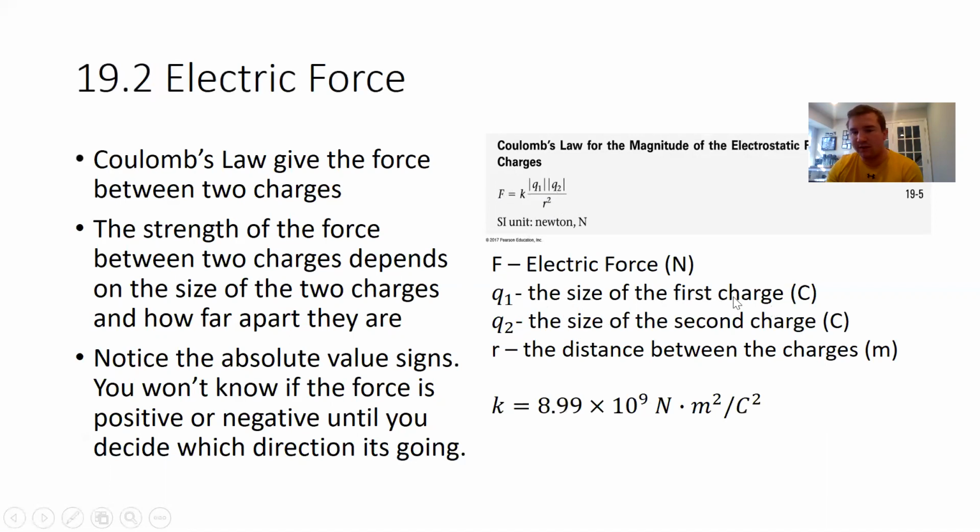Q1 and Q2 are the size of the first charge, how many coulombs is the first charge, and how many coulombs is the second charge. You need two charges to have a force. Divided by R squared, R being the distance between the two charges. So Coulomb's law: F equals K times Q1 times Q2 divided by R squared.